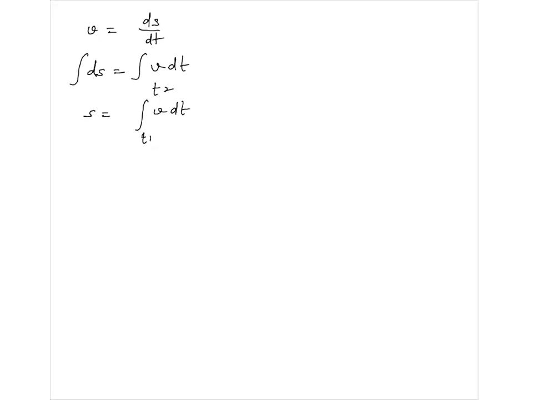So if I have got a VT graph, speed time graph, it depends on a case to case basis how it would look like. And I'm interested in these two time intervals, this time interval is t2 minus t1.